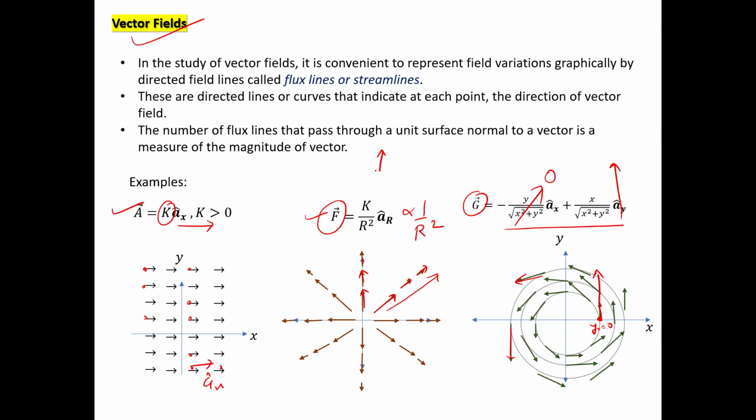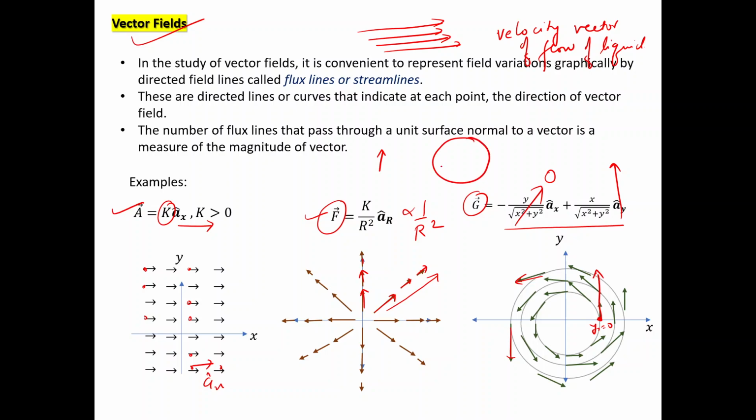And since these are flux lines or stream lines, for example, velocity vector or flow of liquid, these are common examples. Then you can say magnetic field, the curl of magnetic field.